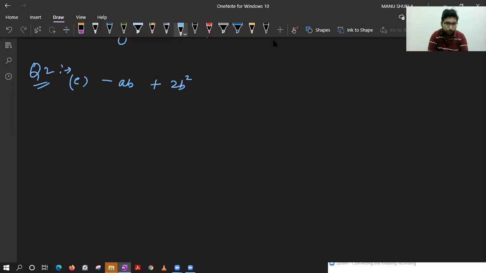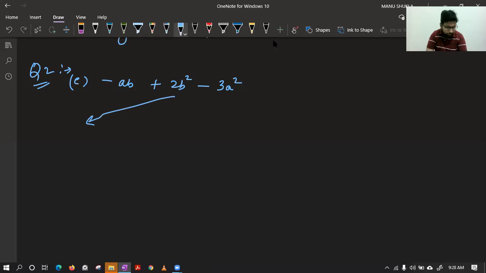Minus 3a square. Now class, how many terms are there in this option? There are 3 terms. So first we will write the terms separately. The first heading is terms. The first term is minus ab.